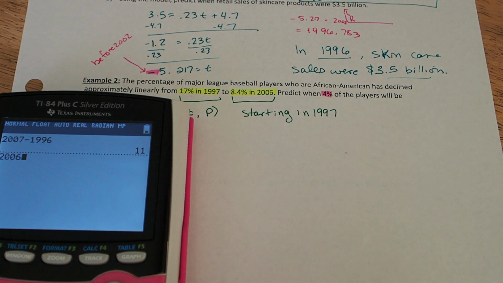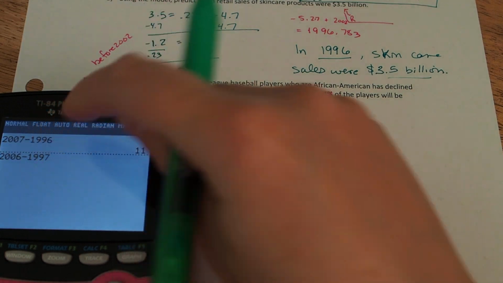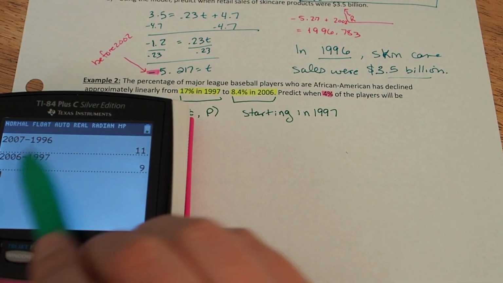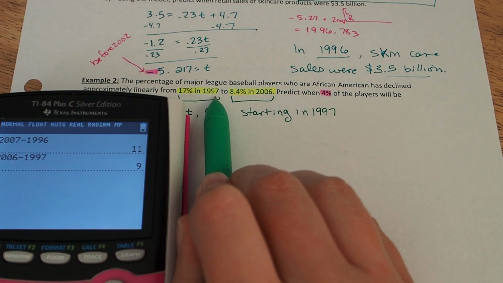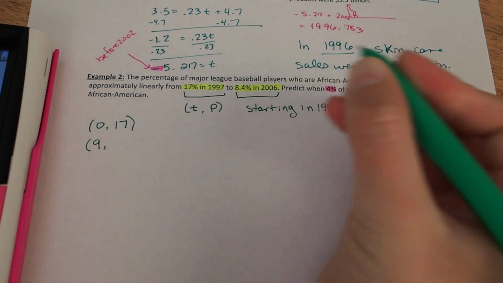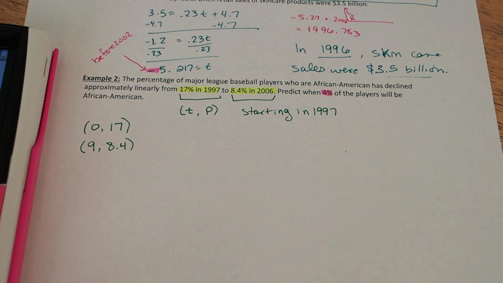So 2006 minus 1997. I transposed those for some reason. Little bit dyslexic there, but there we go. 2006 minus 1997 is 9. There we go. That's 9, comma, 8.4. All right, let's make sure I got those numbers looking right.